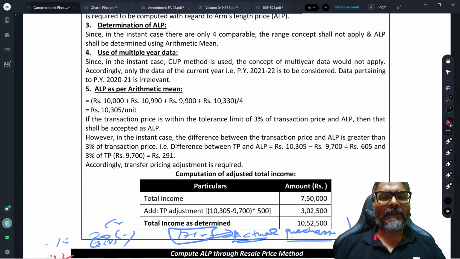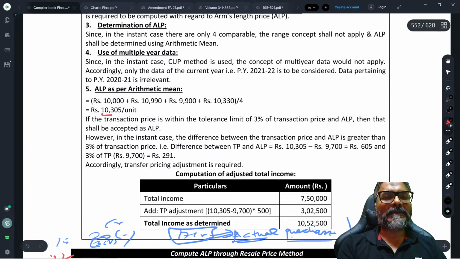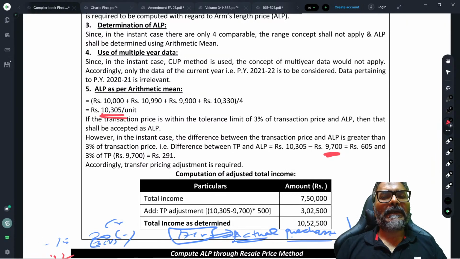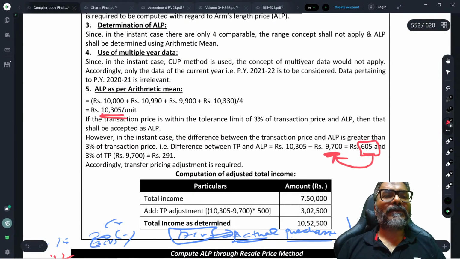So if you see over here, the arithmetic mean is 10,305. Your transfer price is 9,700. So the difference is 605. Now 605 to 9,700, the percentage in this case, students, is it more than 3% of the transfer price in this context?